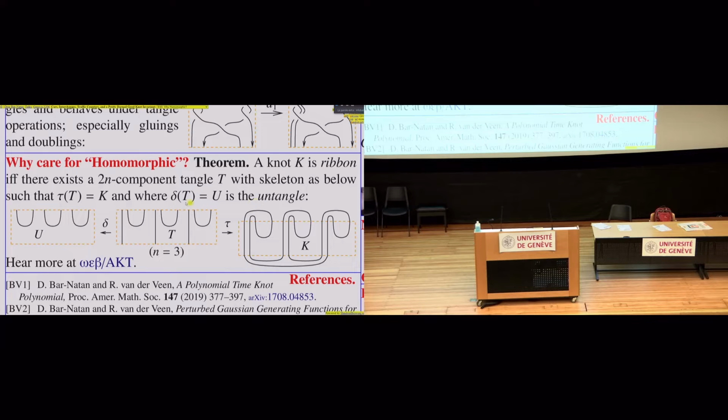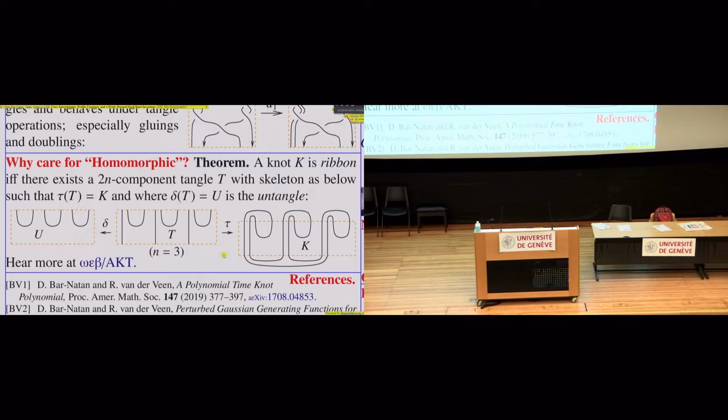And so a knot is ribbon if and only if there is such a tangle T with the properties that tau of T is equal to the knot K and delta of T is the untangle U. So what are tau and delta? Delta is the operation that drops all the vertical strands, so you're left only with the caps, and you want the result of doing this to be the untangle, the untangled union of caps.